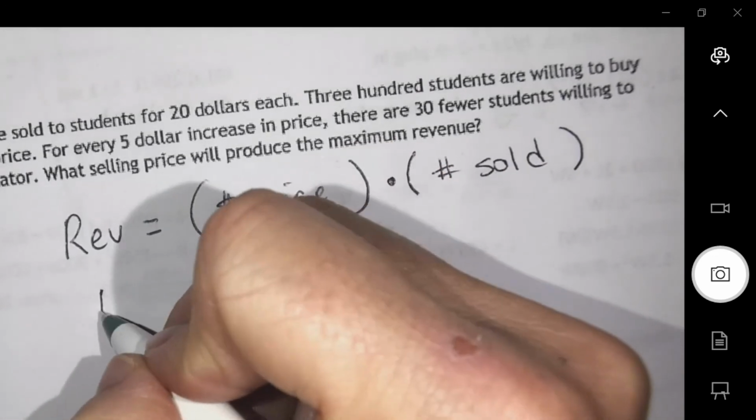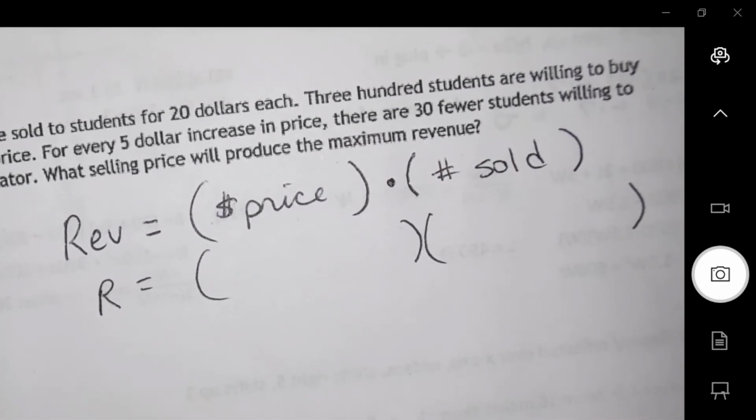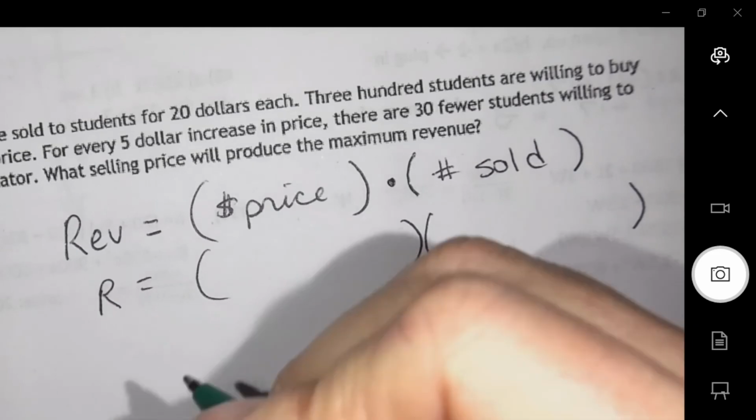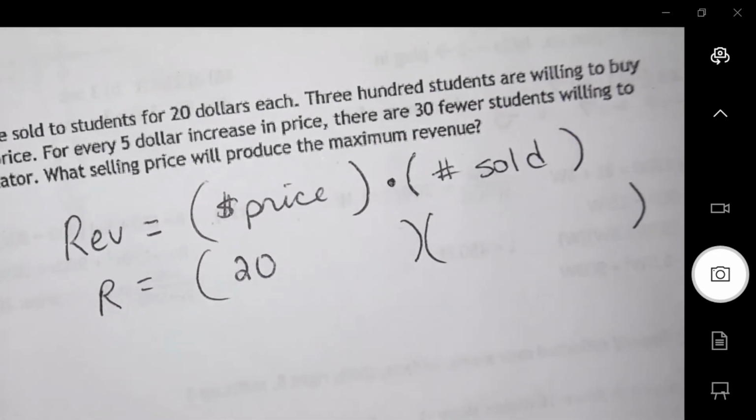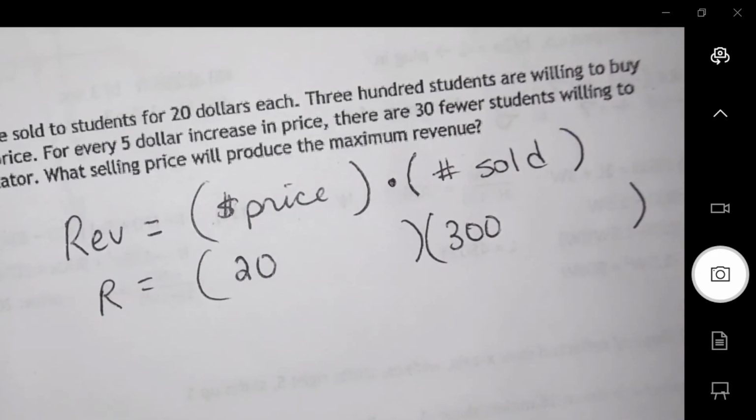Okay, so I'm going to give myself 2 brackets. And then we're going to start to do the filling in. So the price of the calculator, well, it started out as $20. And then 300 people wanted to buy them. That's where I put that.